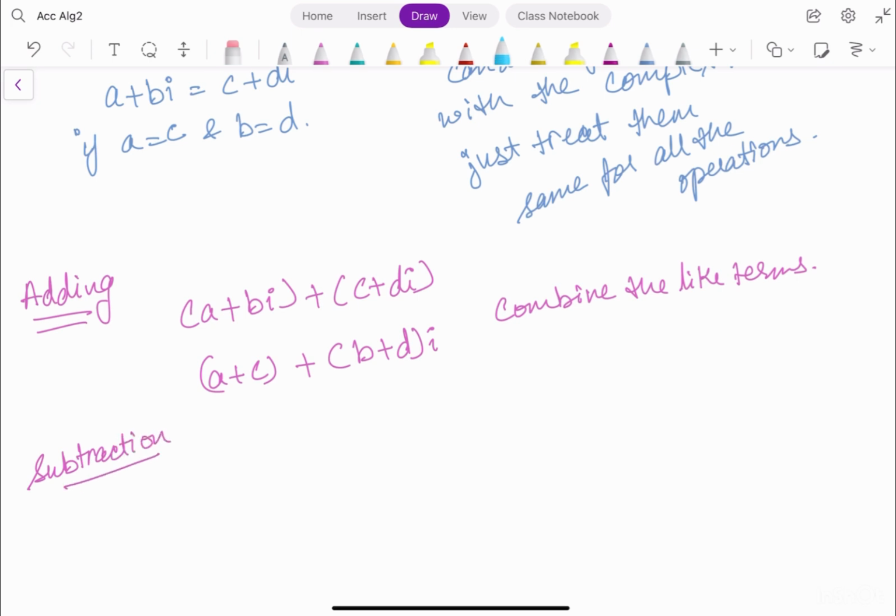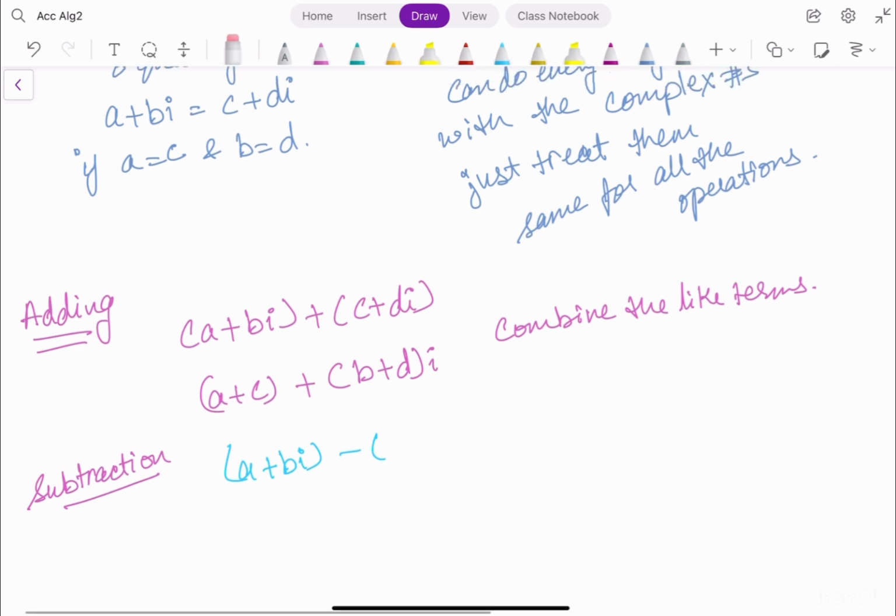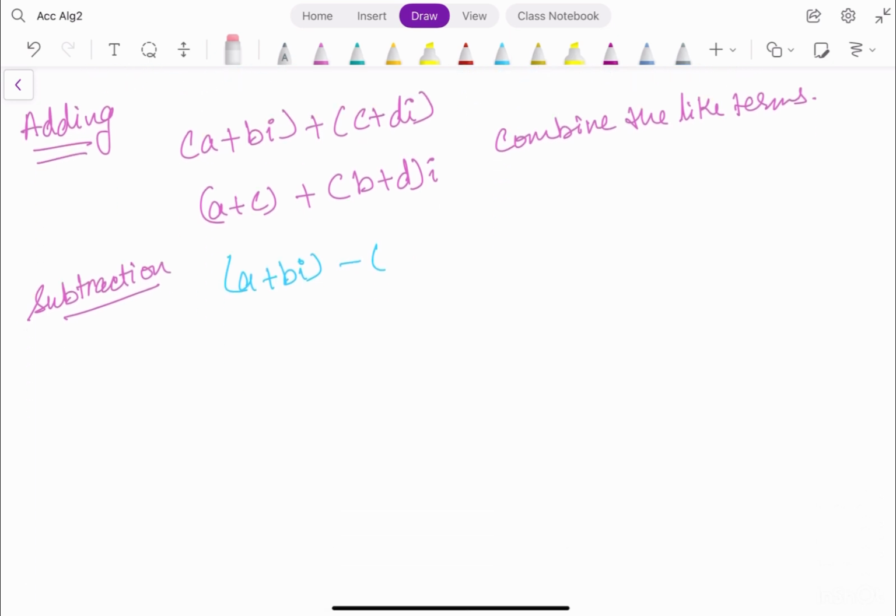Let's subtract the two complex numbers, minus c plus di. So combine the real numbers together, then subtraction. So a minus c plus b minus d, and i is right there.